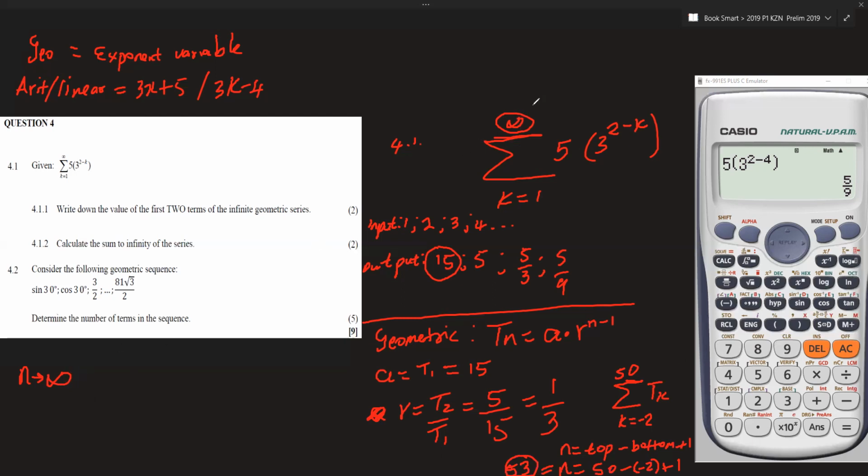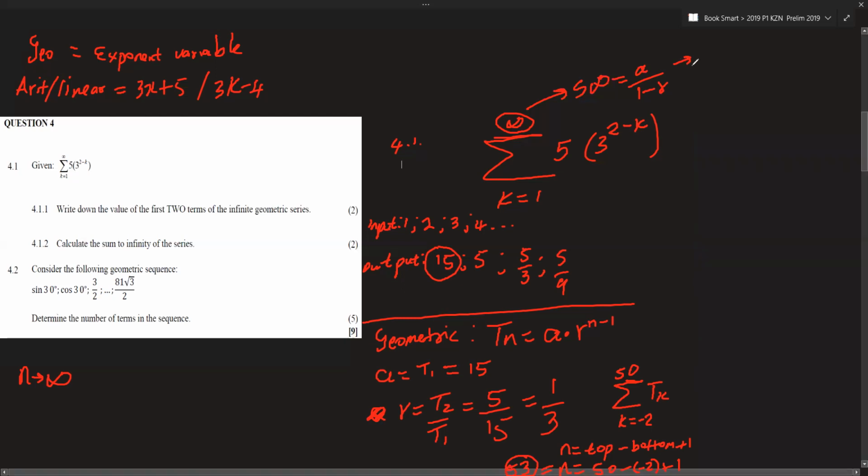And always, when I see that this is geometric and I see this, I know I have to use this formula. Sum to infinity is a over 1 minus r. And I know that this series is convergent.